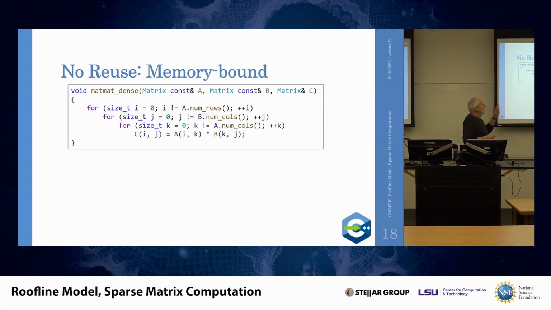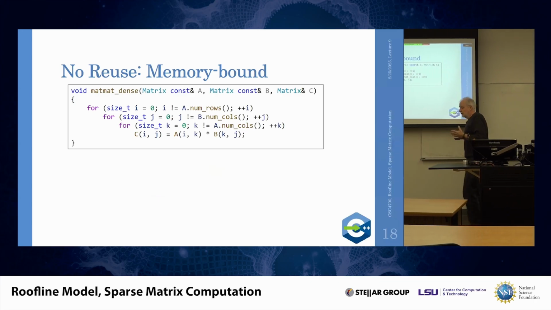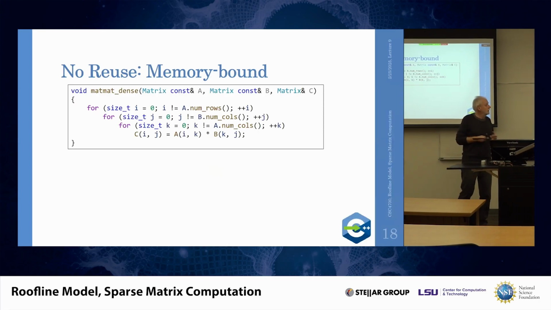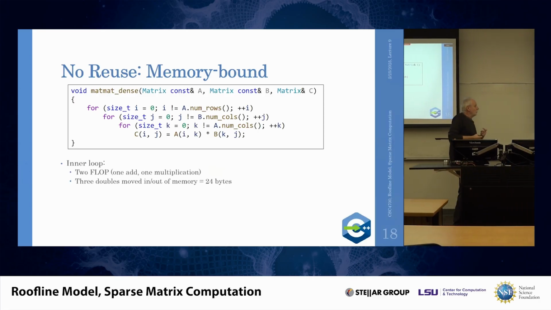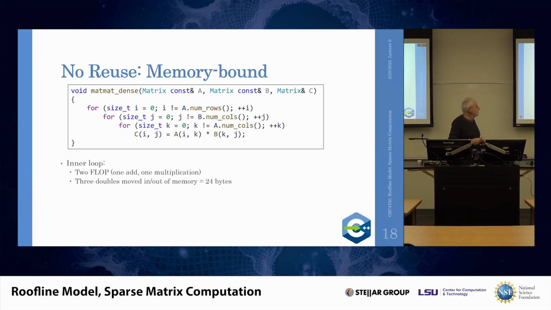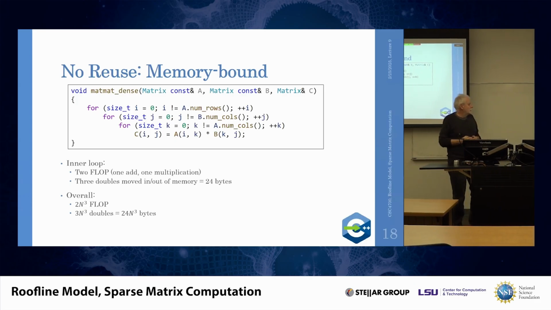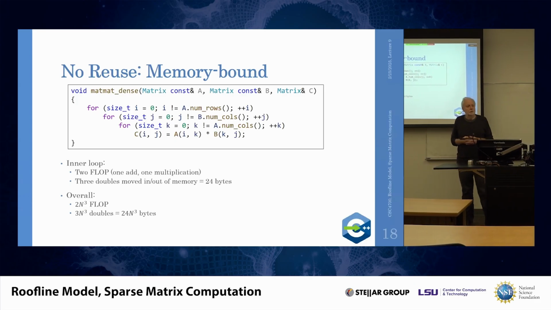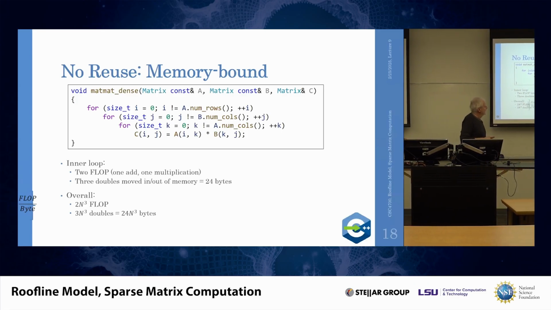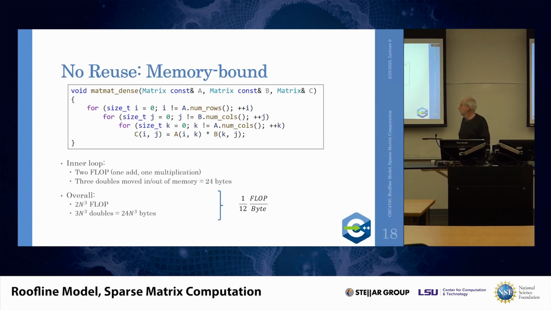If we look at the matrix multiplication, and we still assume that we can't reuse any data, we have to read every value from main memory, nothing is in the caches, then we get, again, 2 floating point operations on the inner loop, 3 doubles moved in and out, 24 bytes, and the whole thing has about 2 times n cubed floating point operations and 24 n cubed bytes, which gives us a numerical intensity of 1/12, so much worse.